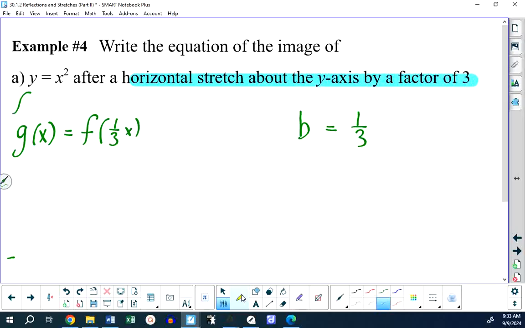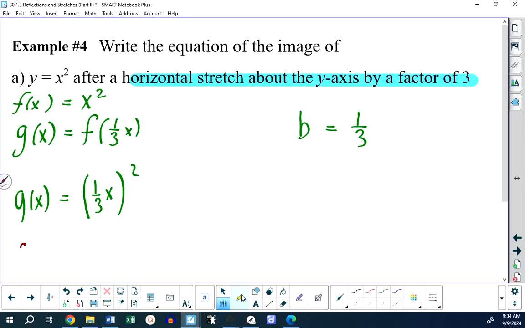You know, this is saying f of x equals x squared, right? So what's f of 1/3 x? It's simply going to be 1/3 x quantity squared. Which gives us the new function g of x will be 1 squared over 3 squared times x squared.